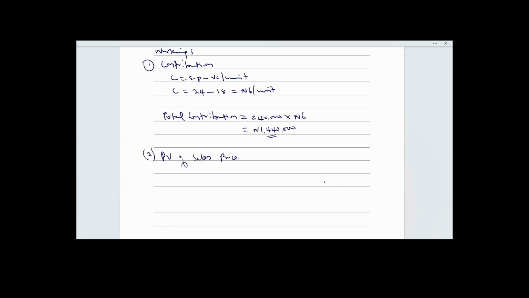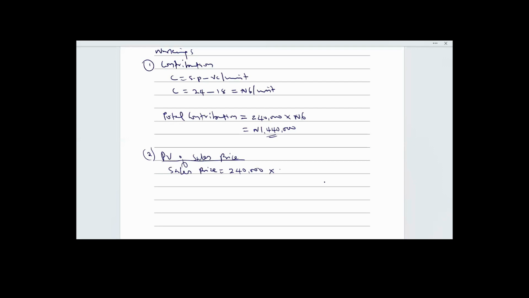Before I can get the present value of sales price, I need to know my sales. Therefore, sales equal the number of units, which is 240,000, multiplied by selling price per unit.